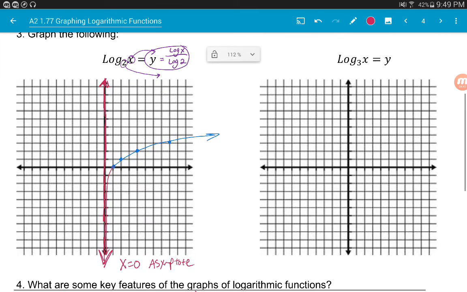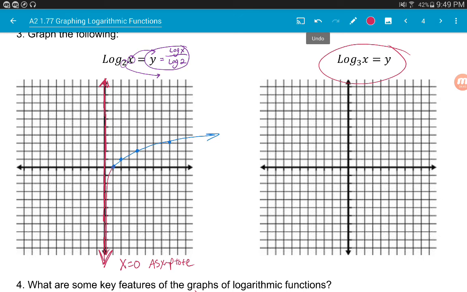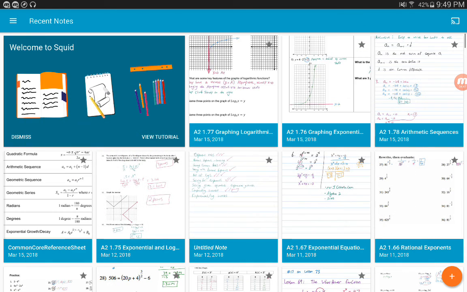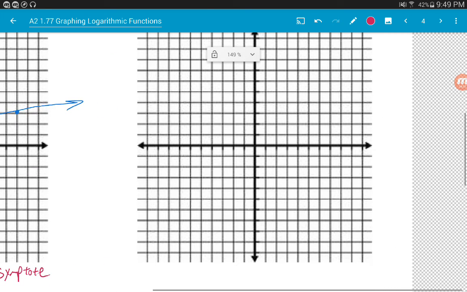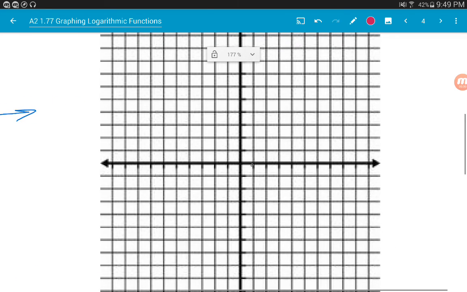Now that you've watched me do this one, log base 2 of x, I'd like you to pause the video and do log base 3 of x. Okay, now if you're watching this, I assume that you have done so already. You've already found some points. That's my first point. At 3, I go up to 1.